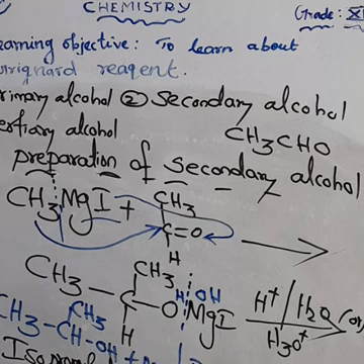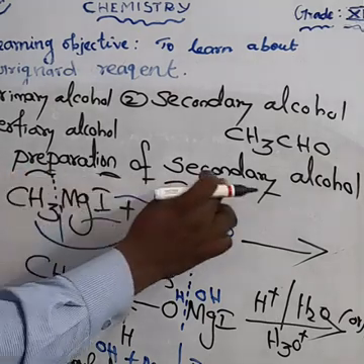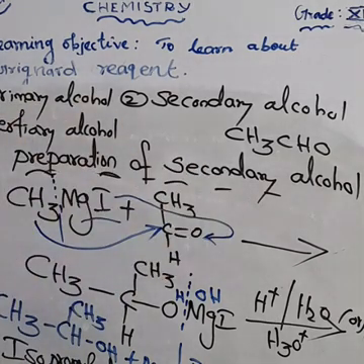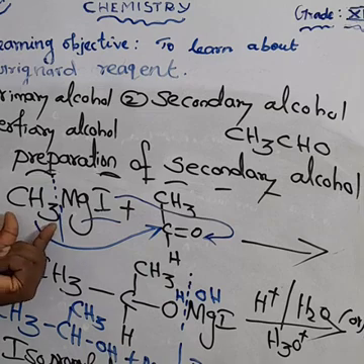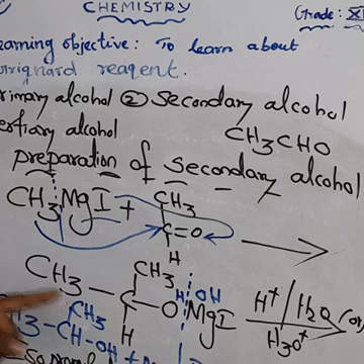But our question is the preparation of secondary alcohol. Why are we saying secondary alcohol? A compound having two methyl groups is called a secondary alcohol. A compound having only one methyl group is called a primary alcohol.